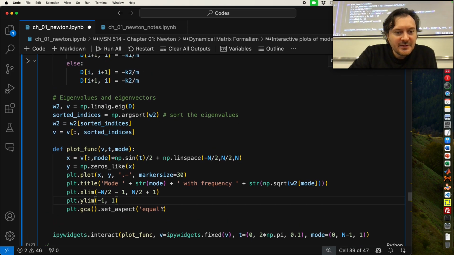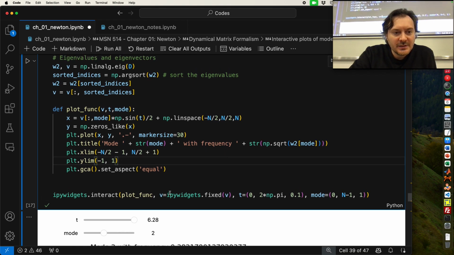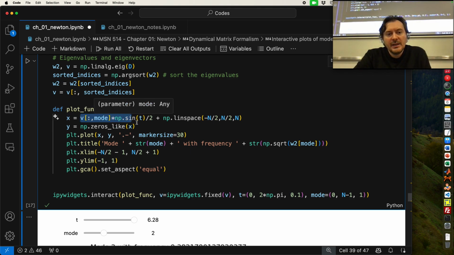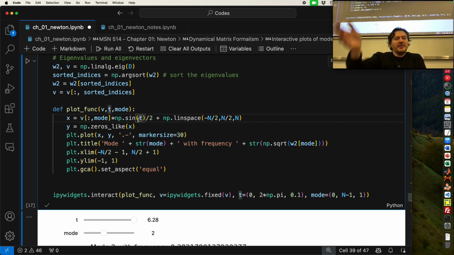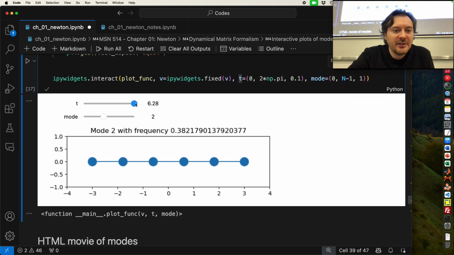Okay, this is something new. This is interactive plotting. So I have a plotting function here that will just plot x and y's. And x is plotted in a way that I choose a certain mode and I multiply it with sine of t. Okay? So it gives me this nice interactive plot.